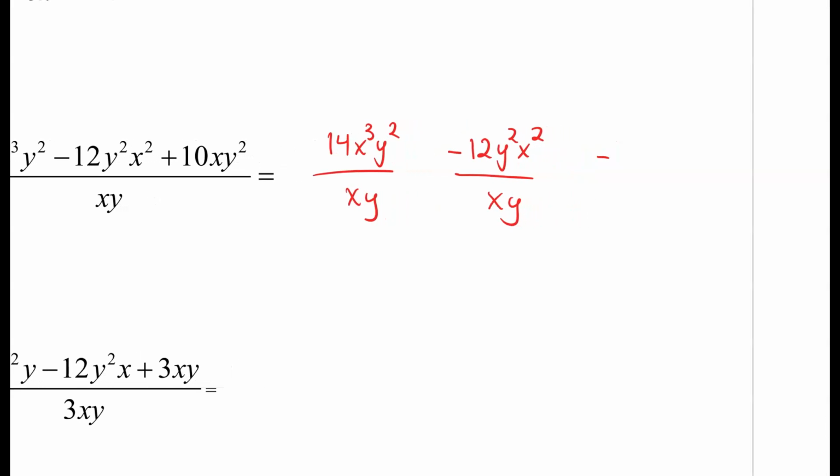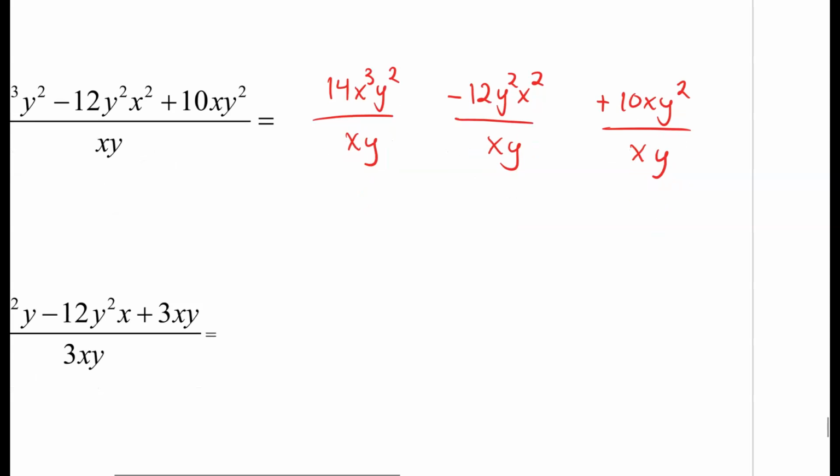We want to break it up into each part, so we have the 14x cubed y squared over xy, negative 12 y squared x squared over xy, and we have positive 10 x y squared, and this is over xy.